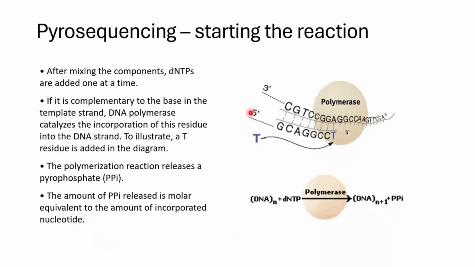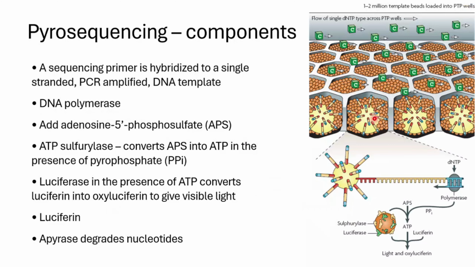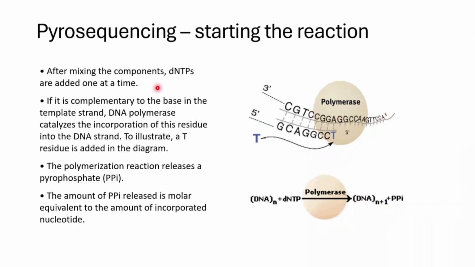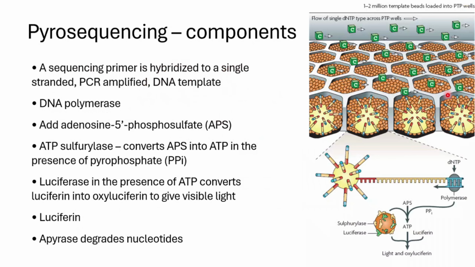Now, how do you actually do the sequencing? So you mix all the components in each well, except for the dNTPs. The dNTPs, you have to add them one by one. So what you will do is that you'll add the dNTPs, you let them react, light will be produced, then you flush those dNTPs, and then pass a second set of dNTPs, Gs, and you keep doing that in intervals, okay?